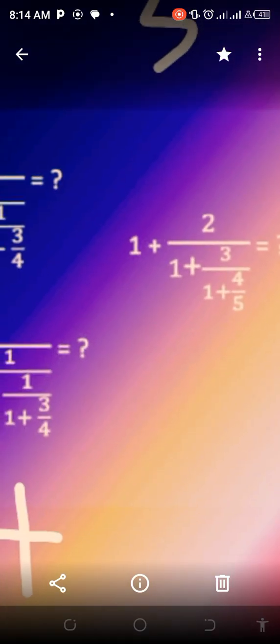And you discover that the numerator of the bottommost fraction is 4. The second is what? 3. And the third is what? 2. So you take note of that structure. I will tell you more things about the structure and how to resolve problems when they have different structures.